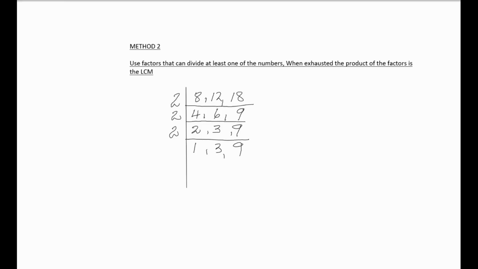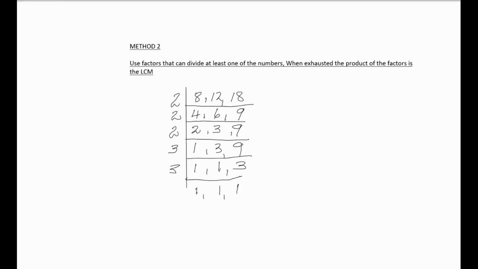The next number that we see is common to 2 of them. This is 3. Bring down this 1, 3 into 3, 1 time, 3 into 9, 3 times. So we'd have to use 3 again. We bring down this 1, because that is finished, and 3 into 3, 1. When we have all ones here, we will multiply the divisors over here.